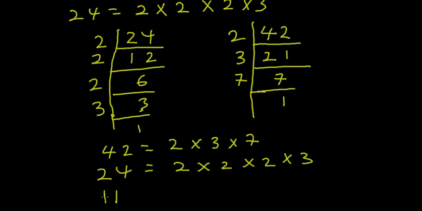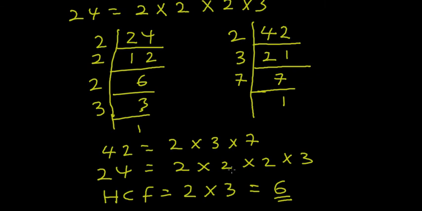So the highest common factor for these two numbers are 2 and 3. So 2 times 3, which gives you 6.